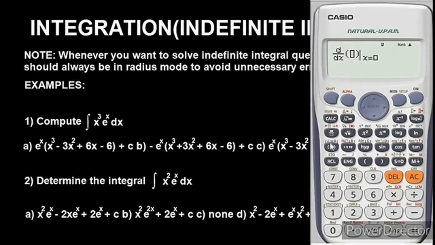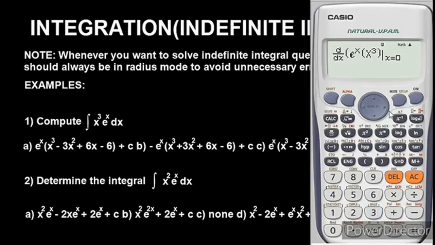So you have exponential raised to the power x, shift exponential, so we have alpha x. You come down, in brackets we have x cubed, alpha x, this power function.